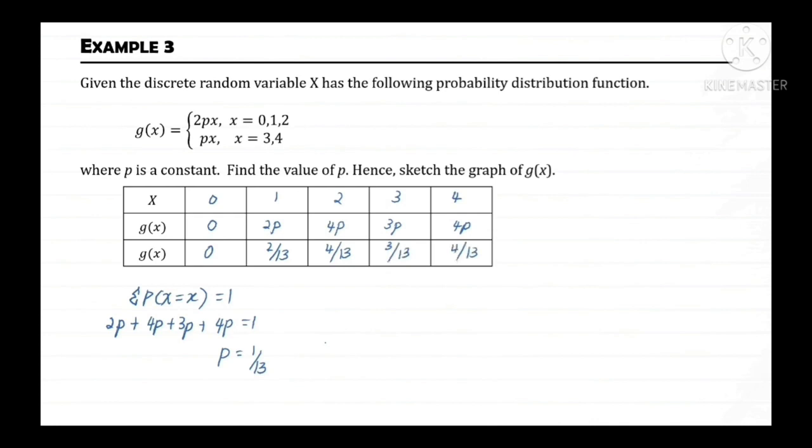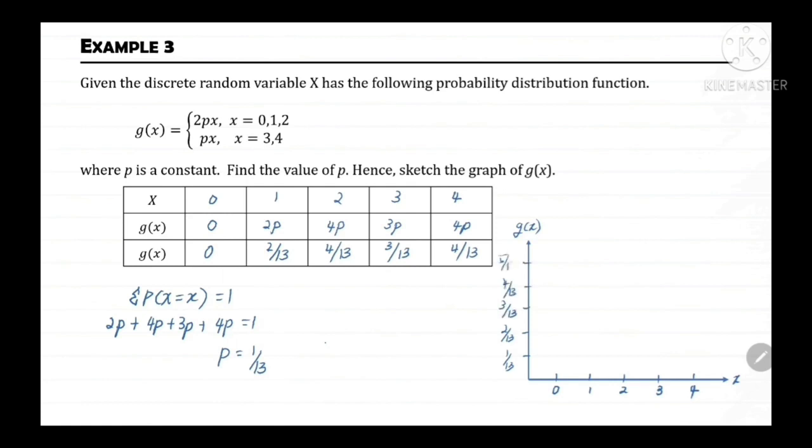To sketch the graph for g(x), the values of x are 0, 1, 2, 3 and 4, and the probabilities g(x) are 0, 2 over 13, 4 over 13, 3 over 13, 4 over 13.